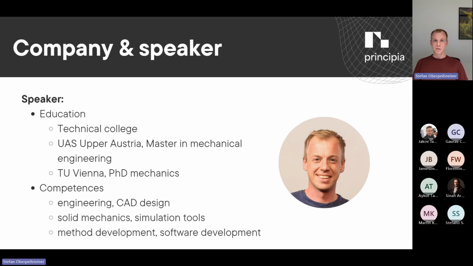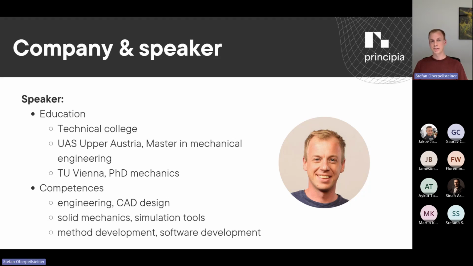Myself, so I'm Stefan Oberbersteiner, I'm CEO of the company, and my background in education is that I did a technical college, so I have experience in CAD modeling. I also did some jobs in the field of mechanical design. Then I did my master's in mechanical engineering at the Upper Austria University of Applied Sciences in Wels.